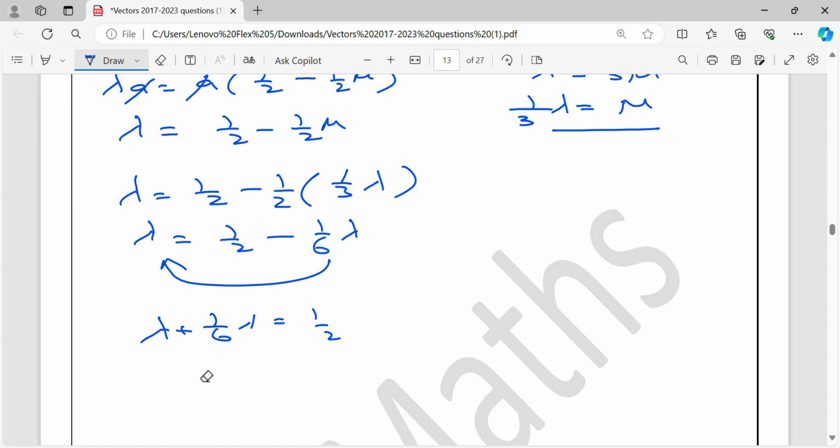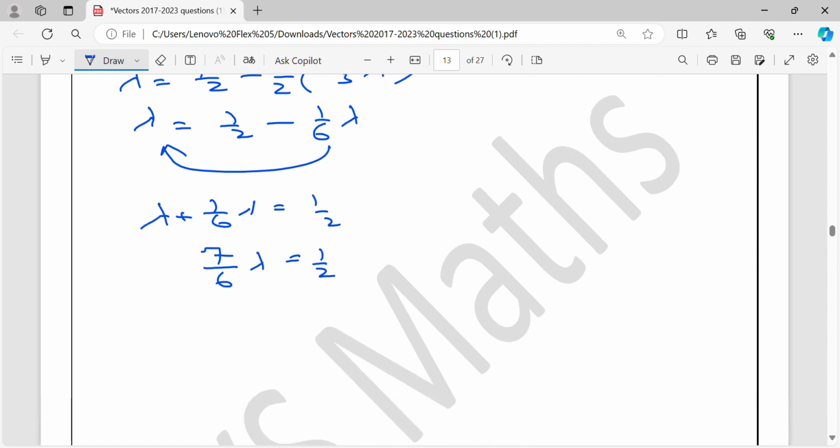Lambda plus 1/6 is 7/6 lambda equals 1/2. Now find what lambda is. So 1/2 times 6/7, and I can cancel out by 2. So 3 times 1 is 3 over 7. So lambda is 3/7.